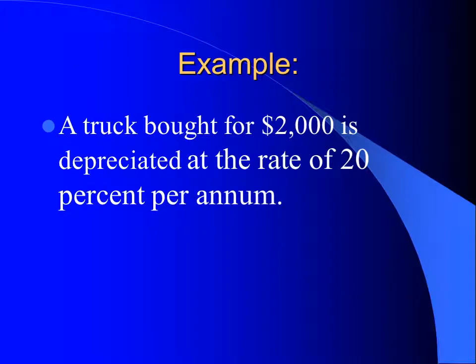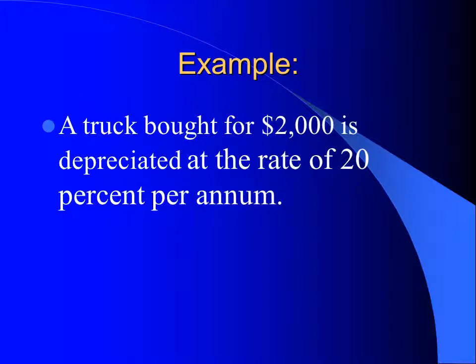Normally, the rate for charging depreciation is given in the questions, so you won't have to worry too much about the calculation of the rate because it's a complex exercise.